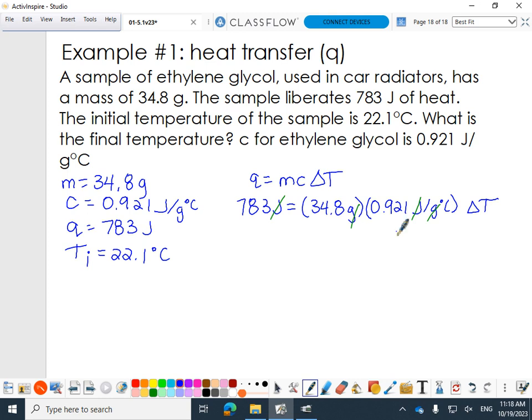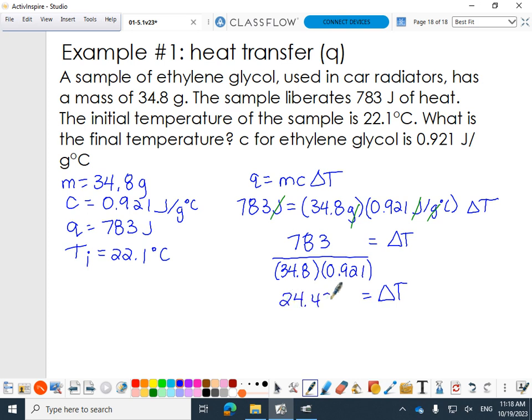You could even write it like this. Whatever. So you should get 24.43 degrees Celsius. And then we'll solve for TF.